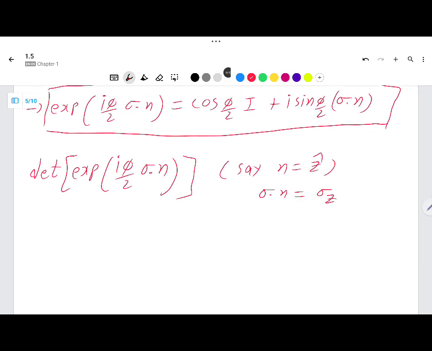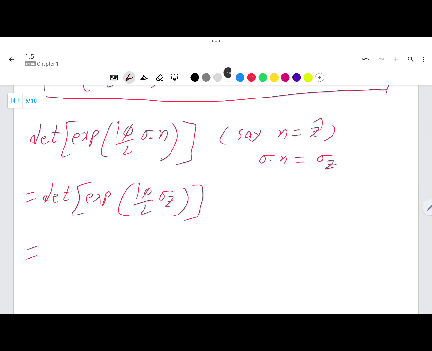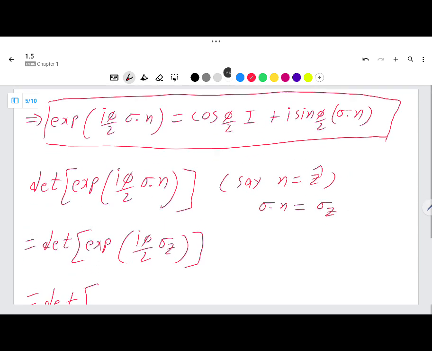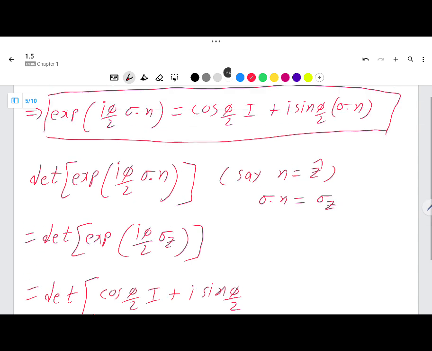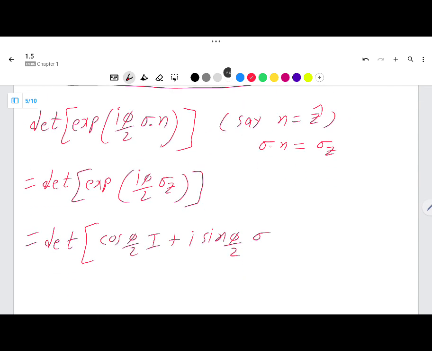So determinant of exponential I 5 by 2 sigma z, and how we are going to write this will be cos phi by 2 identity plus I sin phi by 2 sigma z.